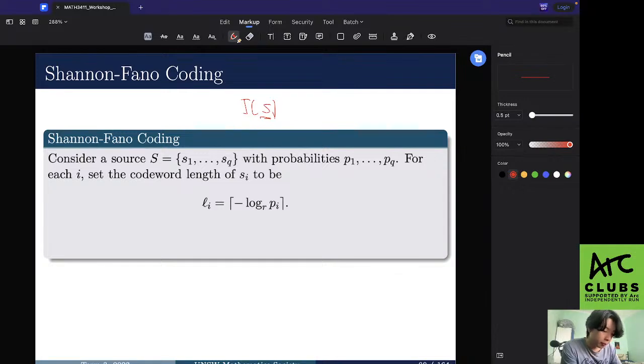For the ith source code, we know that this is our information, and by taking the ceiling, we can take a value which could be like 0.8 and then turn it into a whole number, since obviously we only have a whole number of symbols. And since the information says, hey, we need at least 0.8 bits to store this Si, then we can use 1 bit to store this Si.